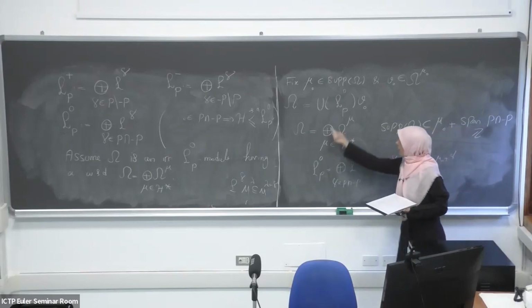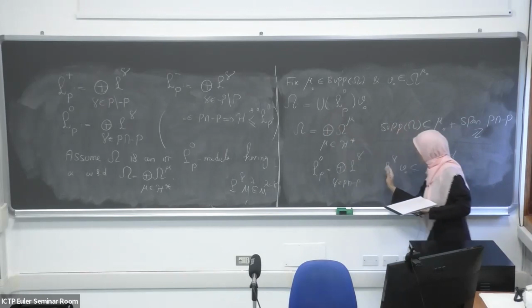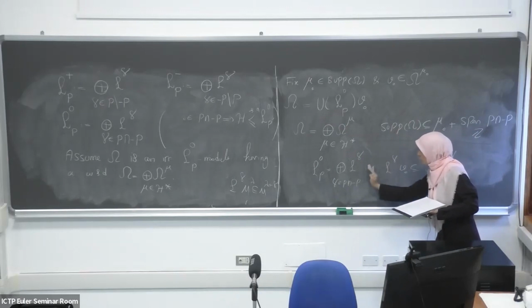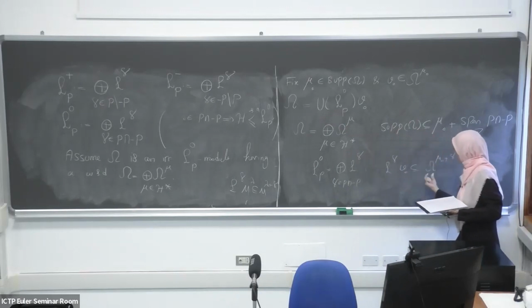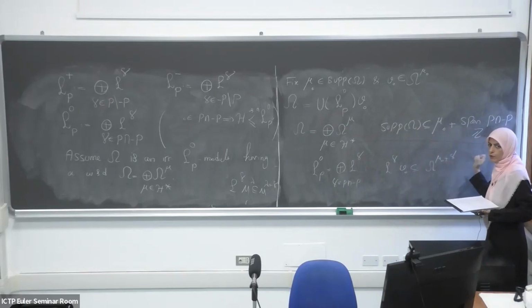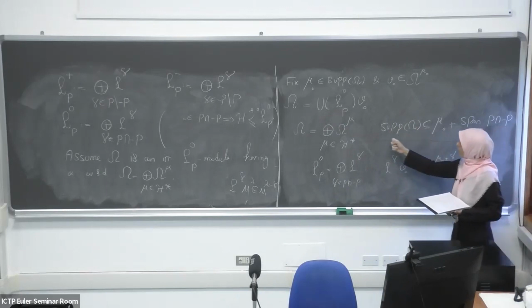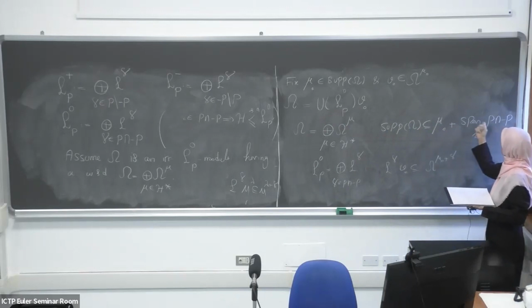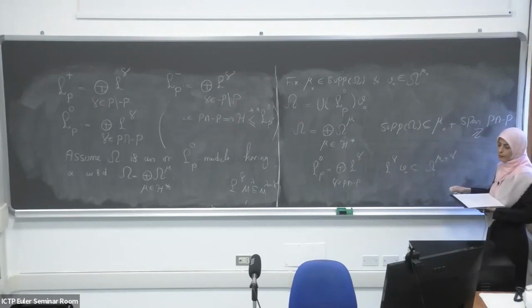And when you have a lot of these γ's consecutively, I mean γ1, γ2, γ3, and so on, then you get Ω_{μ0+γ1+γ2+...}. Right? And so the support of Ω is a subset of μ0 plus the span of P intersection minus P.